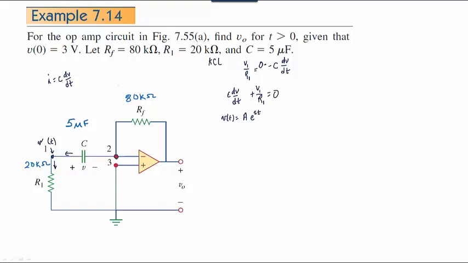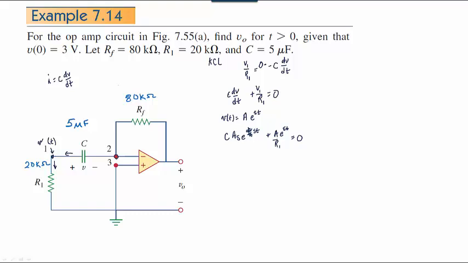So we substitute our assumed solution back into this differential equation, and we'll get C A s e to the st, right here, correct? Yes. Plus A e to the st over R1 equals 0.